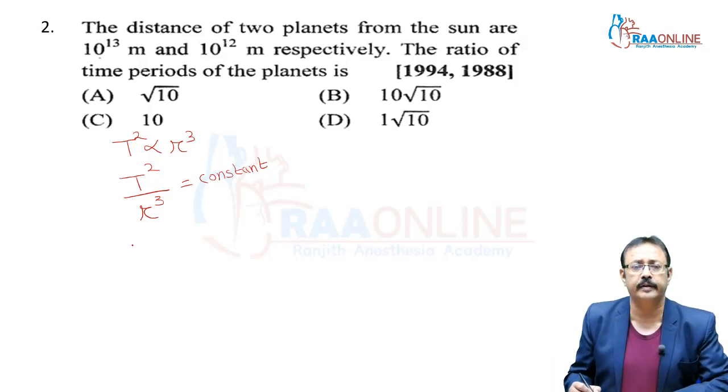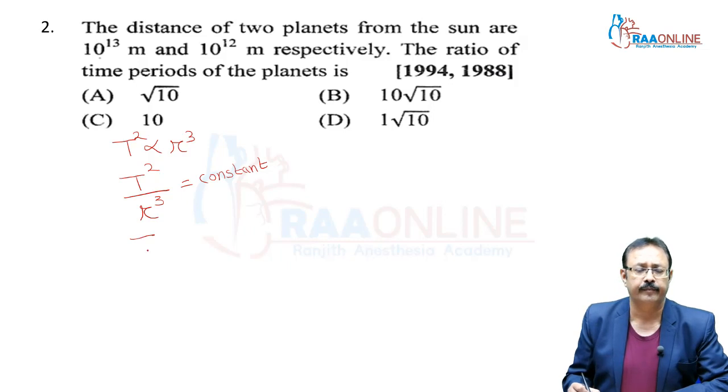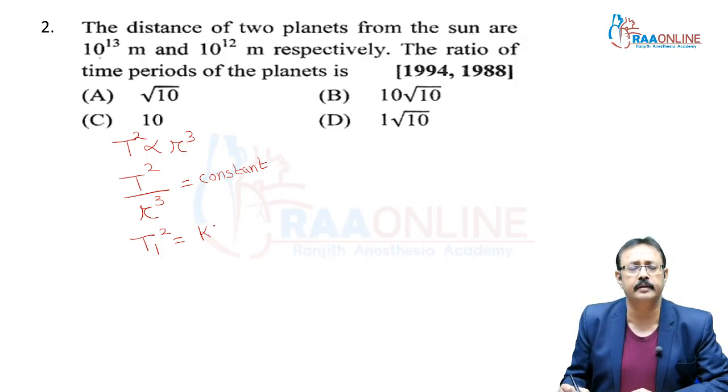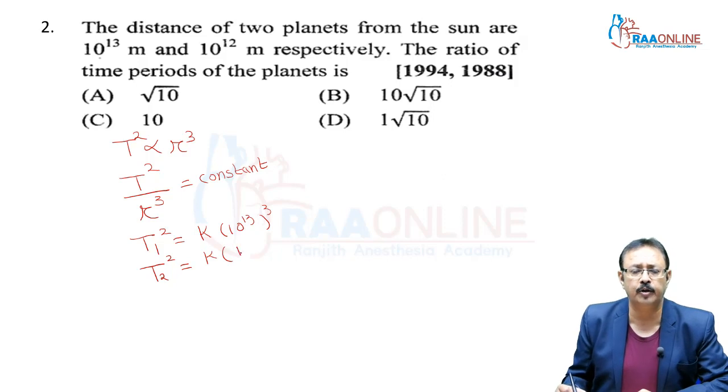Suppose for the first planet I am taking T1 and the constant I am taking k. The distance they are saying is 10 to the power 13, cubed. For the second planet, T2 square over the same constant, at 10 to the power 12.